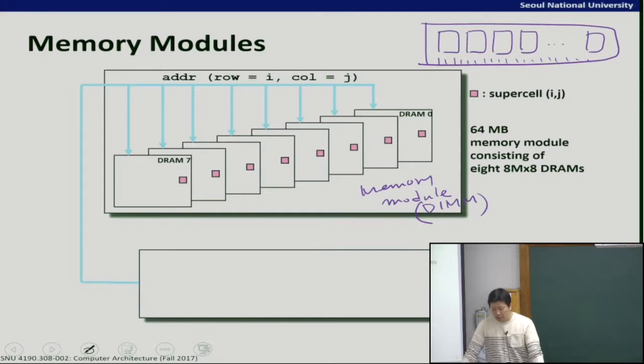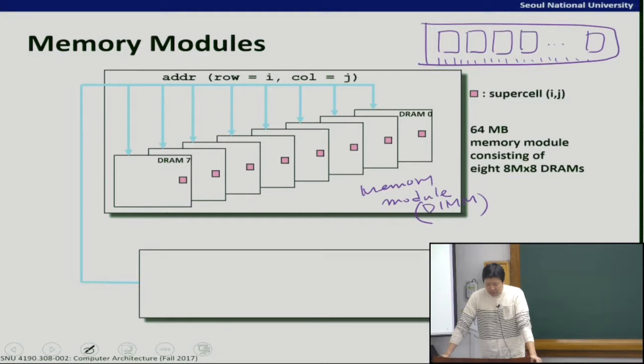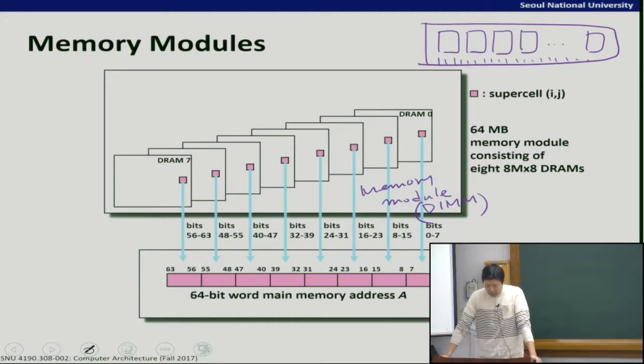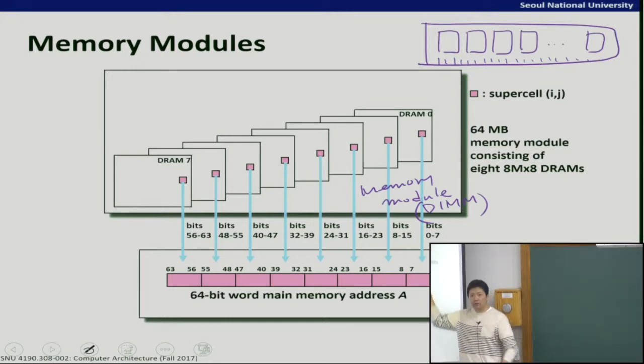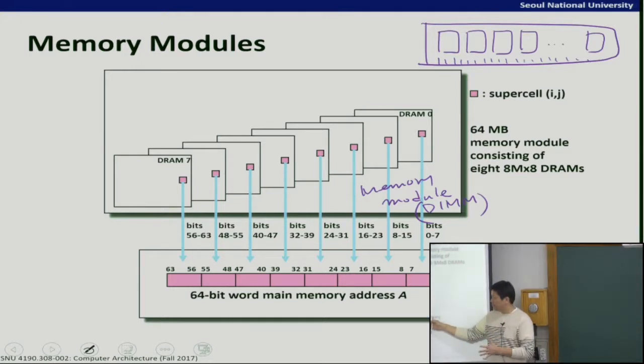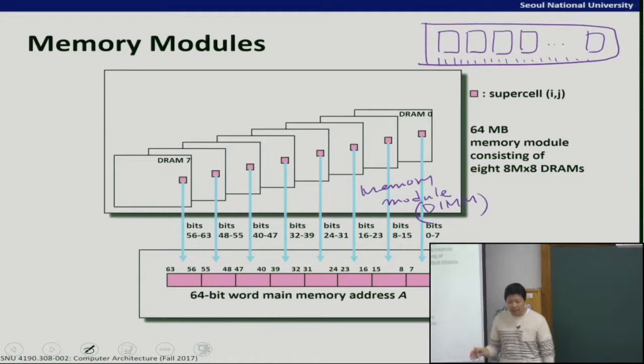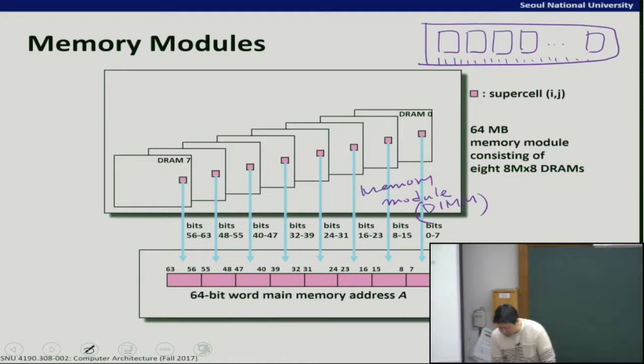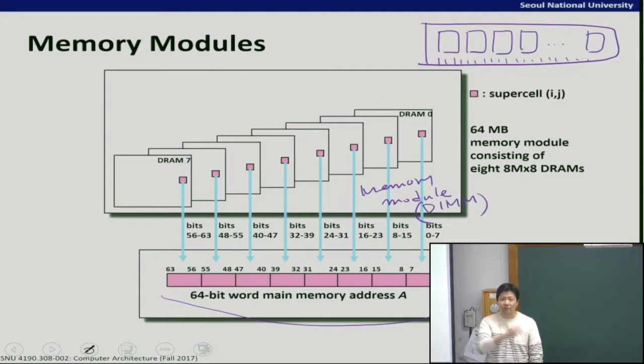So if you provide this row address and column address, all of these 8 chips respond to the request, providing 8 bits from each chip. Together you end up getting 64 bits from 8 chips. You gather these 8 bits together to form a 64-bit word. And then that 64-bit information will be sent back to the CPU.